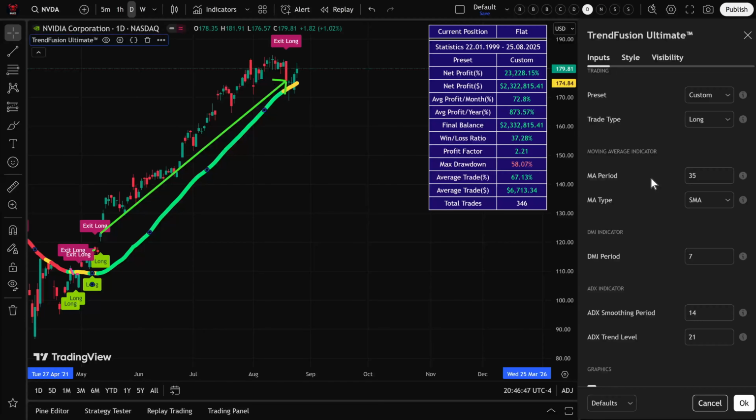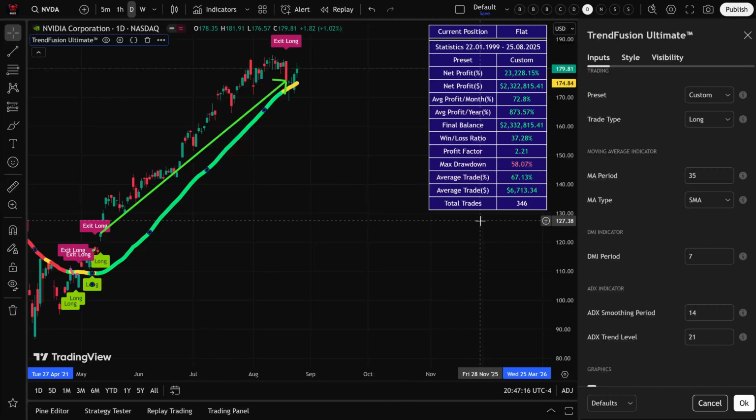It is a sophisticated momentum system based on 3 core indicators working together to generate trading signals. First, we have a dynamic moving average that adapts to market conditions. Second, a DMI component that measures directional momentum. And third, an ADX filter that confirms trend strength.